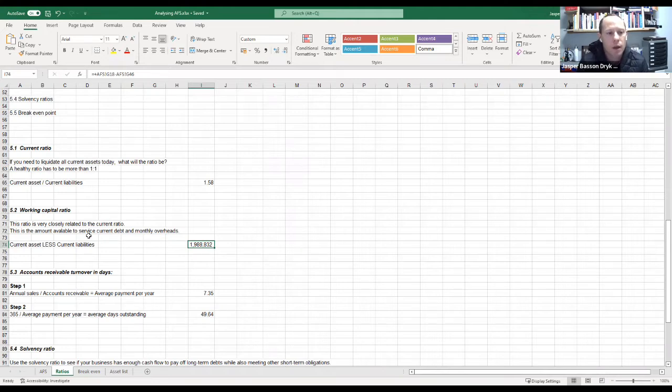And if you deduct those two, it means that in this case, you have 1.988 million rand worth of working capital available to you within the next 30 days. So that's obviously positive. Again, if this one was negative or less than 1, you'd have serious problems and you seriously need to look at your financial standing as quickly as possible.